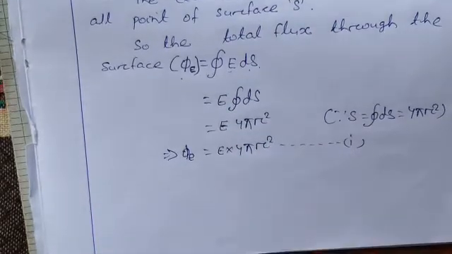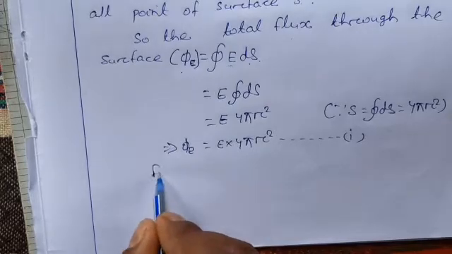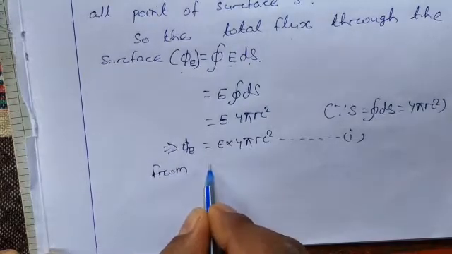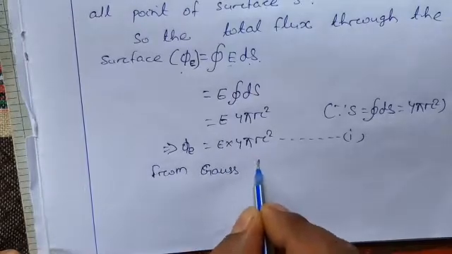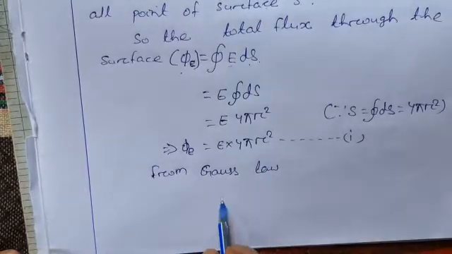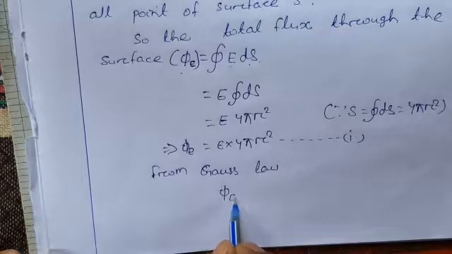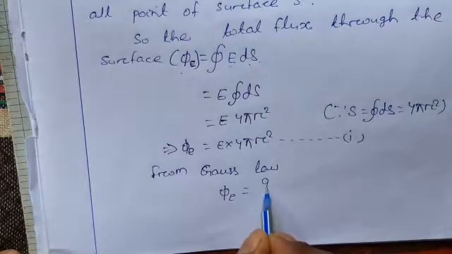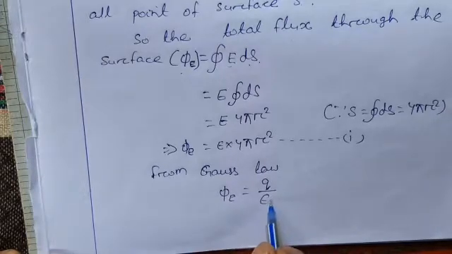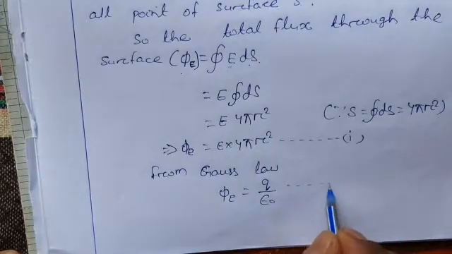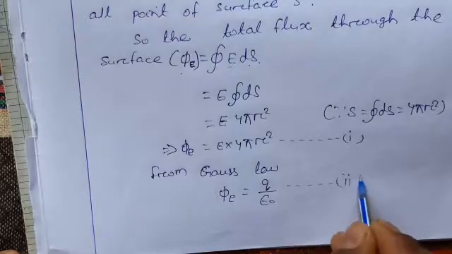But from Gauss law we know that the total flux is equal to the charge enclosed by the Gaussian closed surface divided by epsilon naught. That is equation 2.